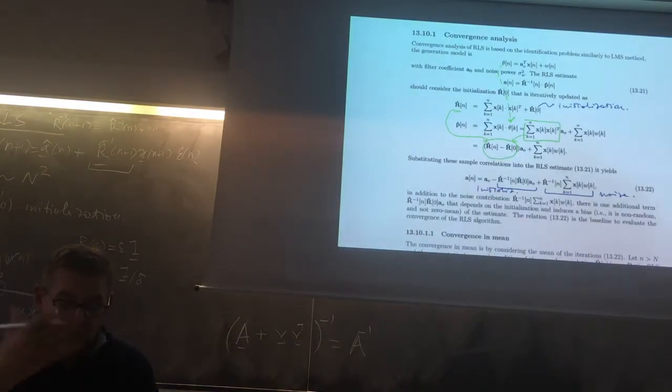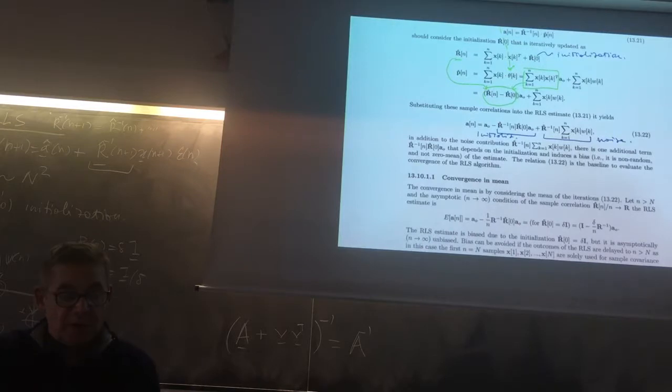Now, what is the convergence? Let's set the condition for convergence. What is the convergence in mean? We know the story. When you say convergence in mean, we apply the expectation here, and the expectation goes all the way there. When we apply the expectation, we replace the estimate of the autocorrelation with the true value.